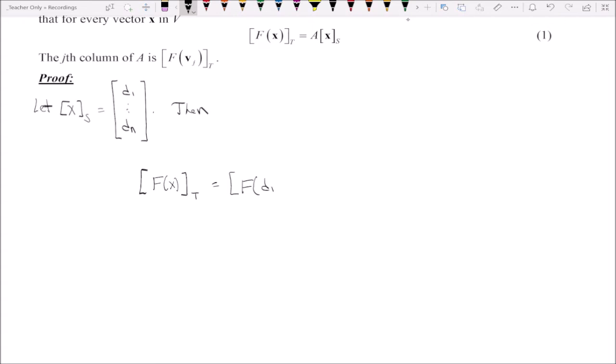So it'll be d1 v1 plus so on and so forth plus dn vn, with respect to T. Because f is a linear transformation, we can write it this way.